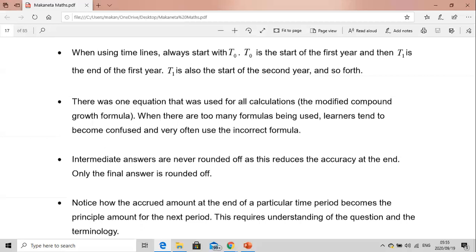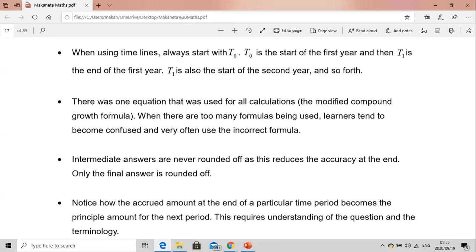So remember, now I want to take you through the timeline just so that you know how the timeline works. When we use the timelines, we always start with a T0. As I've said to you, the car also starts with 0 kilometers per hour. Well, T0 in this case is the start of the first year.